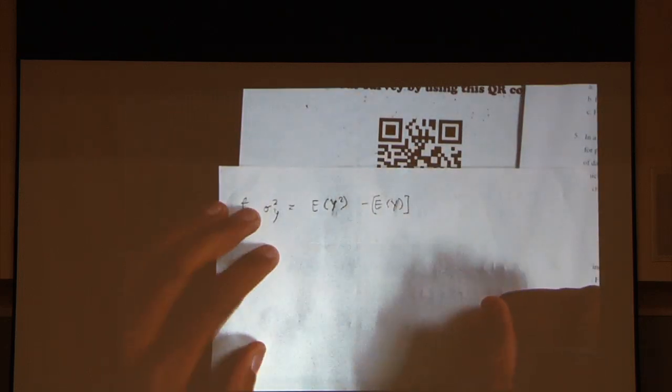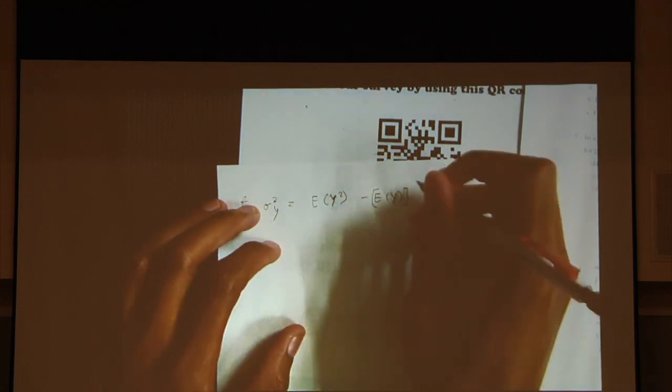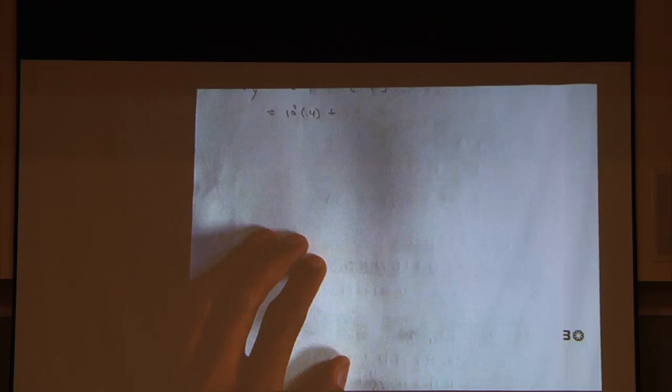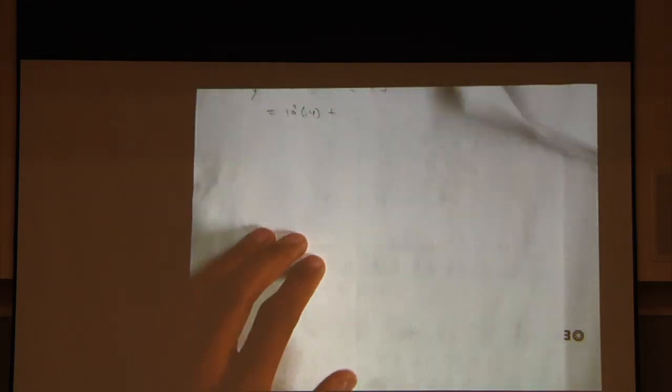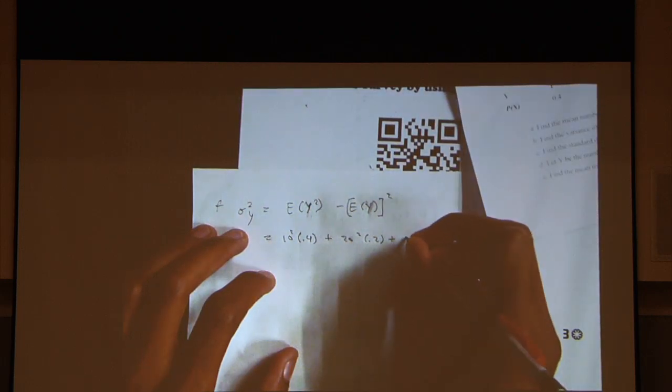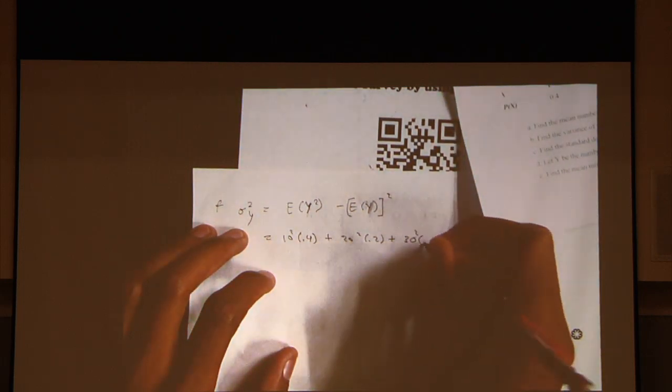E of y squared, so that we can know for each one, 0.4 plus, hold on. Squared times 0.2 plus 30 squared, right?